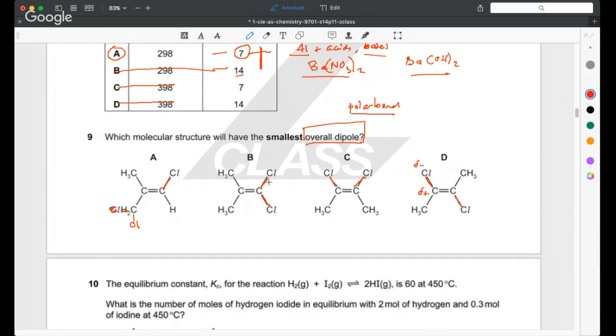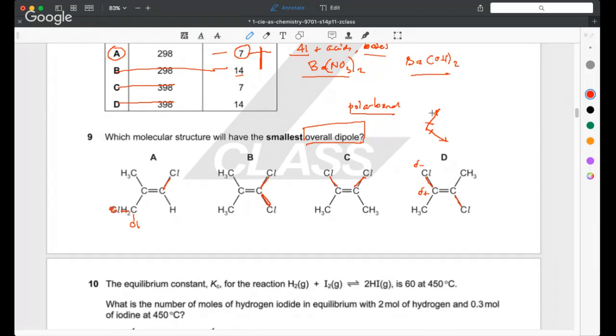Now, this is the easiest one to see here because you've got one polar bond and its dipole going that way, haven't you? And that's an arrowhead at the end there. And then you've got the other polar bond going that way. There they are, that one there and that one there.